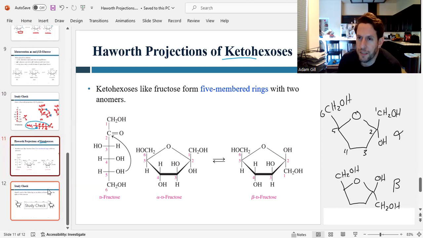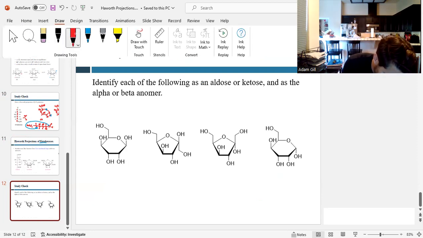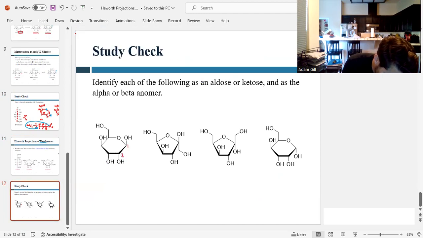All right, let's do a study check. Identify each of the following as an aldose or ketose and as the alpha or beta anomer. So what do we think here? Let's look at the first one. If I were to number my carbons here, that's carbon 1, 2, 3, 4, 5, and 6.